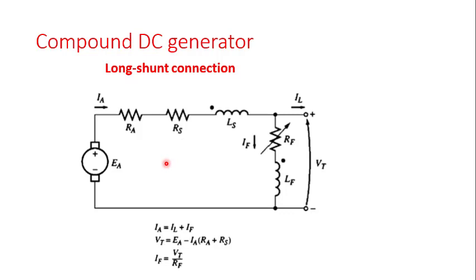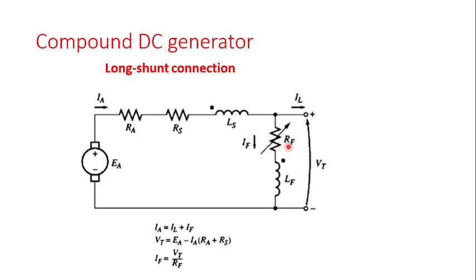So now how do we get the field current also? We know that the current in the series field here will be the same as the IA. We are not interested in that particular current. We are interested in this shunt current, the current that is going to flow through the shunt resistance. Now we know that the voltage here is the same as the voltage here.